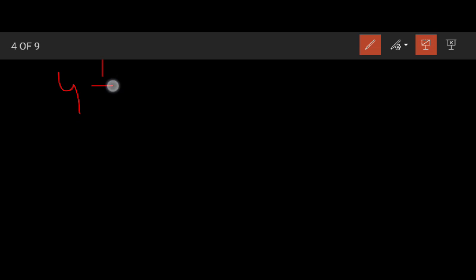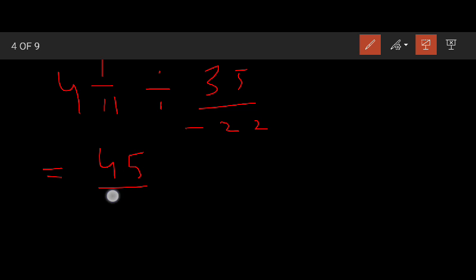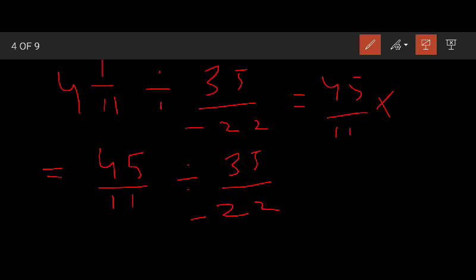See, 11 4s are 44, 44 plus 1 is 45, it is converted into an improper fraction, divided by minus 35 by 22, then again 45 by 11 into minus 22 by 35.